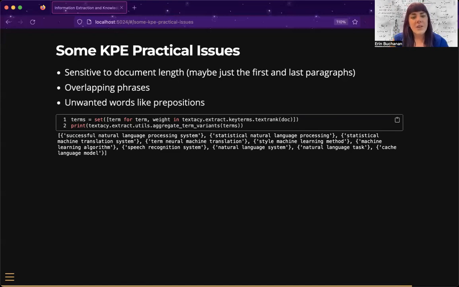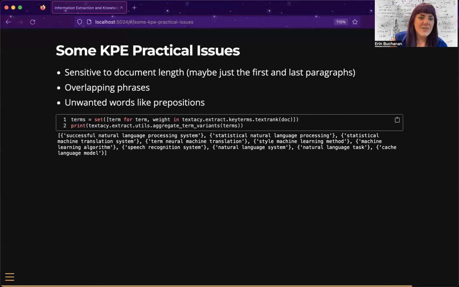So one way to deal with the overlapping phrases is textacy. I set my terms up. I picked out my terms from textacy.extract.keywords.textrank. Here are all my terms. And then I can use a utility function in textacy called aggregate term variants, which will try to combine like terms that have very high intercorrelations, basically, and have a lot of the same words.